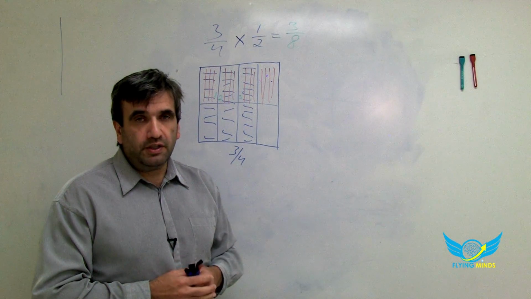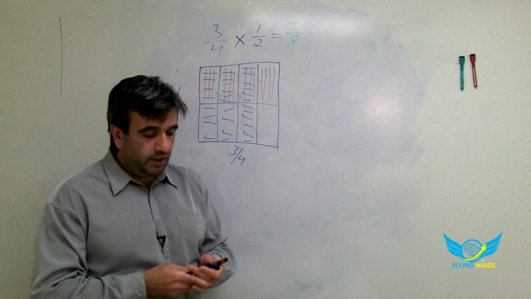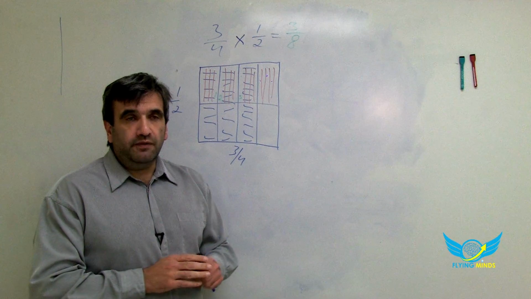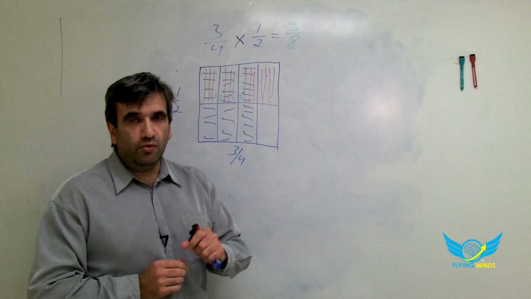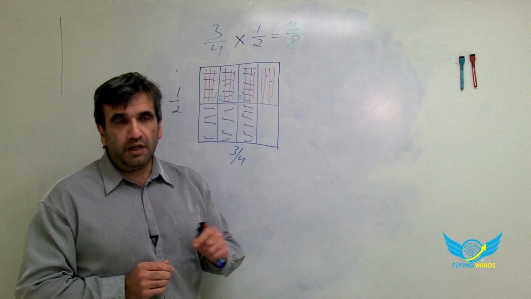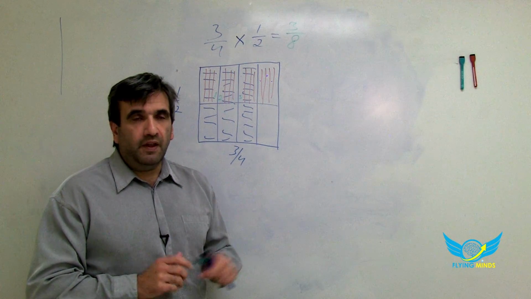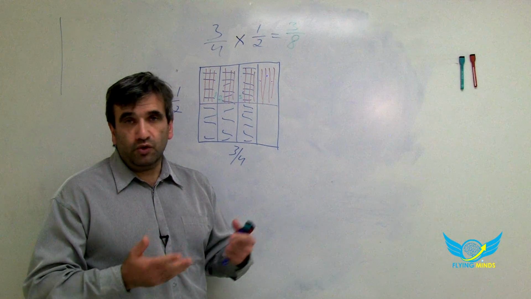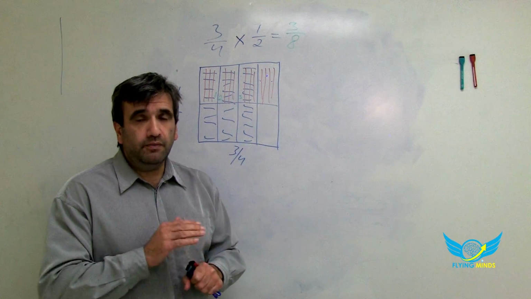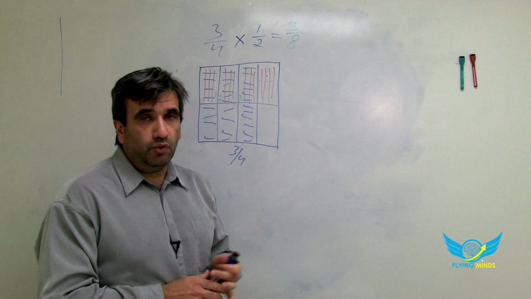If both fractions have the same denominator, you just add or subtract the numerators. If they have different denominators, you bring them to a common denominator using the least common multiple. Then you bring both fractions to the same denominator and do the addition or subtraction. So we covered division and we covered multiplication.